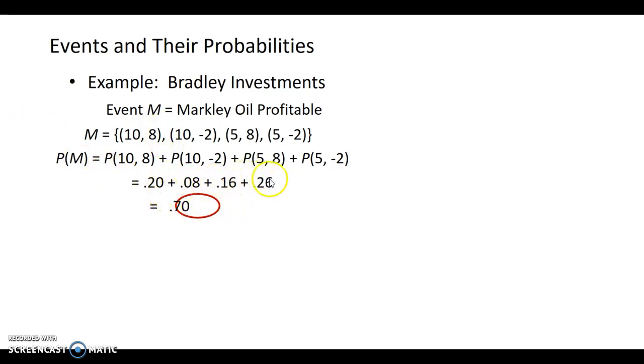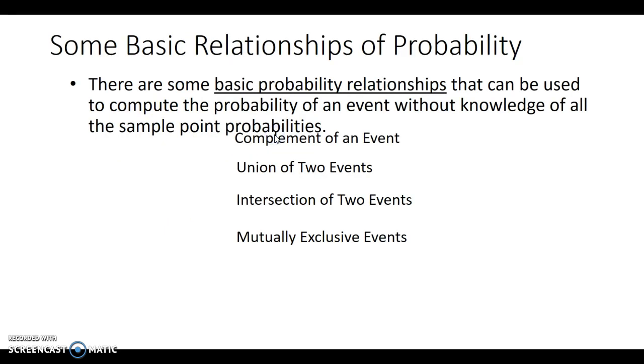And in this case, you sum these probabilities, the 4 profitable Markley Oil events, and you get a 70% probability that in the future we'll have one of these events where Markley Oil was profitable.